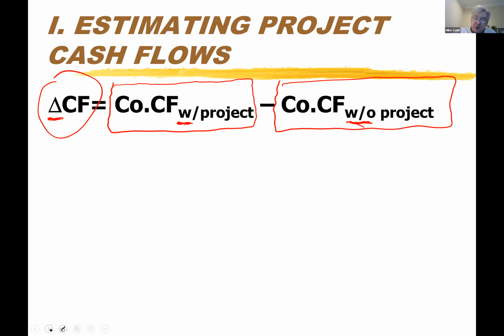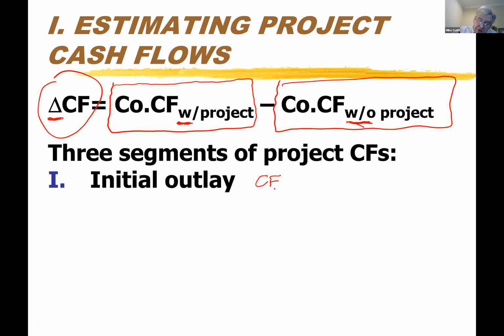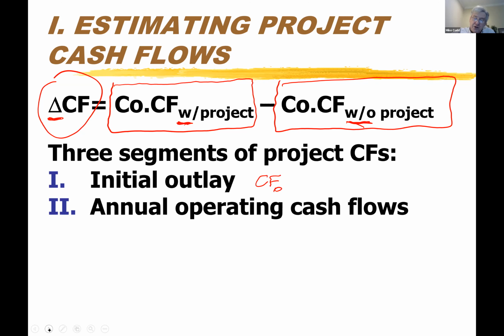But to make this job more palatable, we're given a lot of information. We break it down into 3 segments. The initial outlay, that would be the cash flow at time 0. Then your annual operating cash flows, and this would depend on the life of the project. If it were a 3-year project, then that would be flows for years 1, 2, and 3.